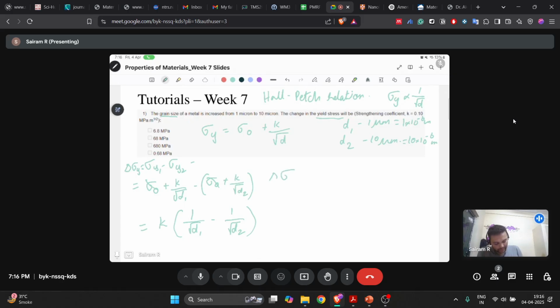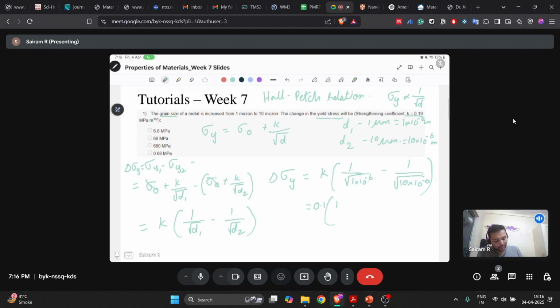So delta sigma y is k, which is 0.1 given here, into 1 by root of 1 into 10 power minus 6, minus 1 by root of 10 into 10 power minus 6. 0.1 into 10 power minus 6 becomes 10 power minus 3, and 10 power minus 3 when it goes up becomes 10 cube.